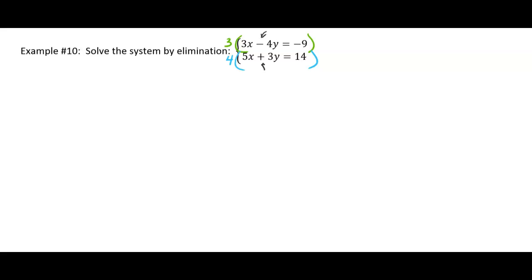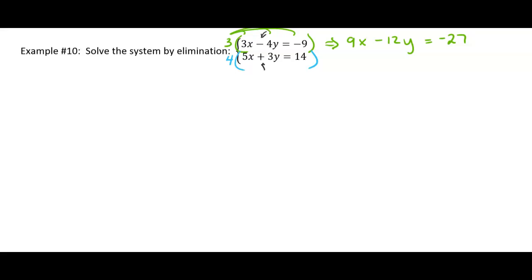Okay, so let's continue. We're going to get a new top equation, and it's going to come from distributing that 3 all the way across. So I get 9x minus 12y equals negative 27. Now, sometimes students forget to go all the way to the negative 9 with that 3. You got to make sure you multiply all the way across the whole equation, okay?